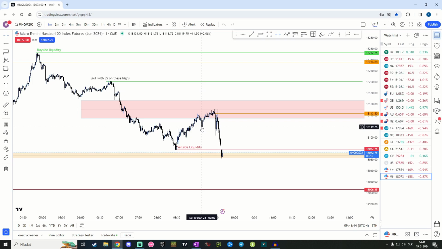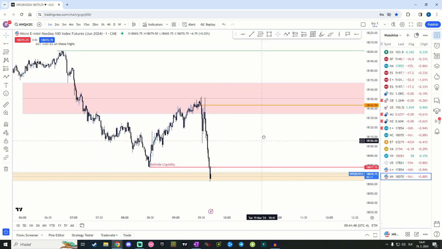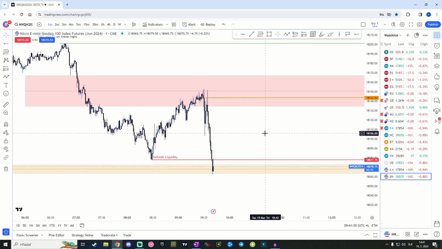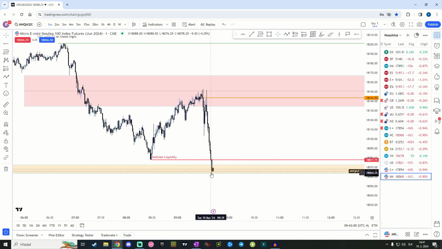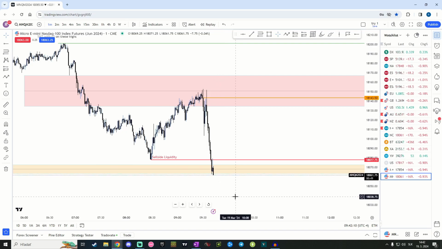So I'm thinking if I want to go long, if I have such a SMT with ES on these lows, whereas it really doesn't show that it wants to go down so much. And if on NQ we had the major sell side liquidity swept, we have traded inside the new week opening gap as well. If I will start seeing some bullish price move, I will try to decide if I really want to take it or not.